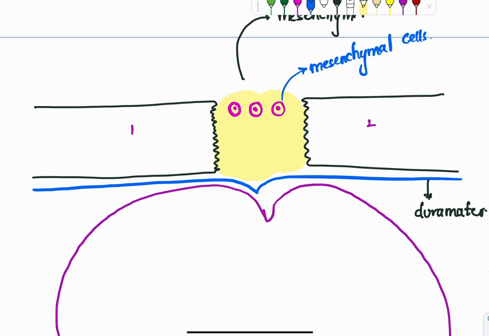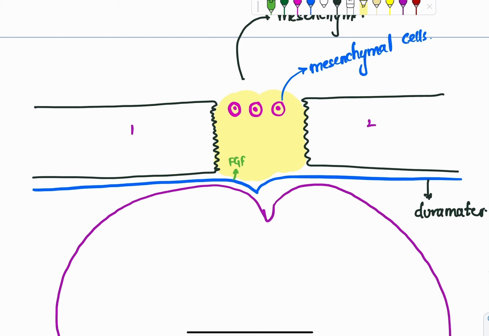How is this process taking place? Normally, this dura mater starts releasing some growth factors. For example, it releases a growth factor called fibroblast growth factor. So this dura mater over here releases a growth factor called fibroblast growth factor.